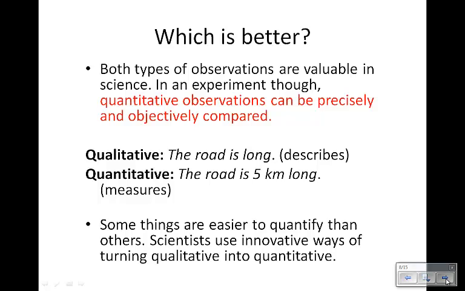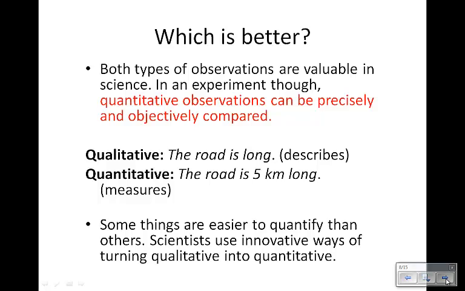If you said the road is long to the biker, that might mean something completely different to the driver. But if you said the road is 5 kilometers long, that would mean exactly the same thing to both of those people. Long can be interpreted in different ways, but 5 kilometers long means the same thing to everybody across the board.